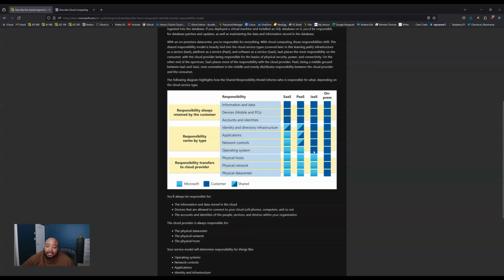The only thing that the cloud service provider is responsible for is the physical servers and stuff, so the hosts, the network, cabling, punch down, the racks, everything like the IDFs, MDFs, access points, all of the physical network, right? And then the data center itself.